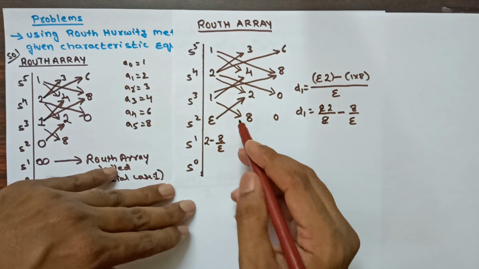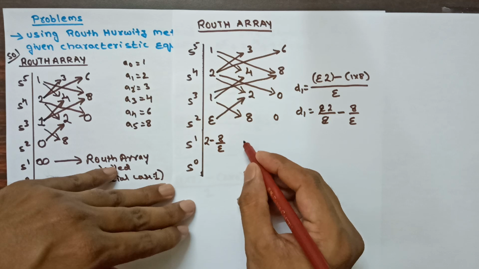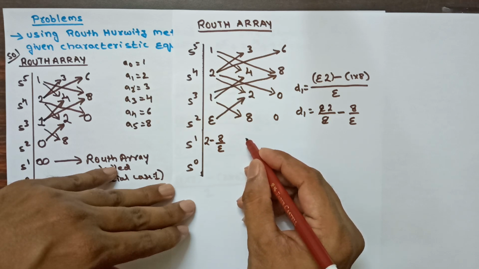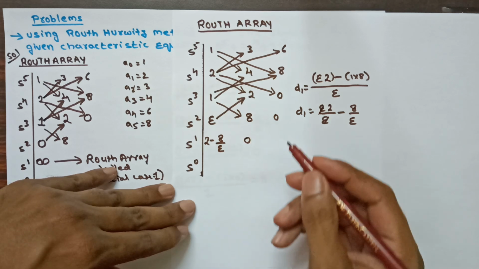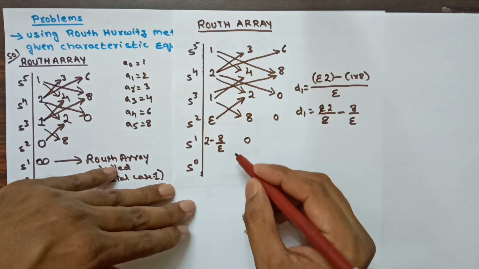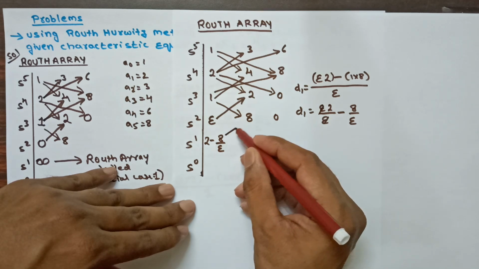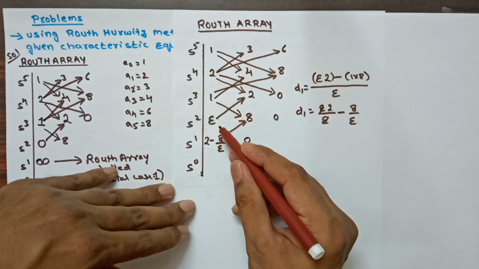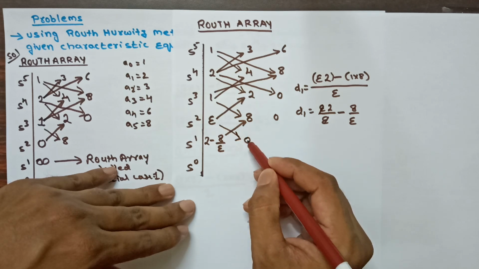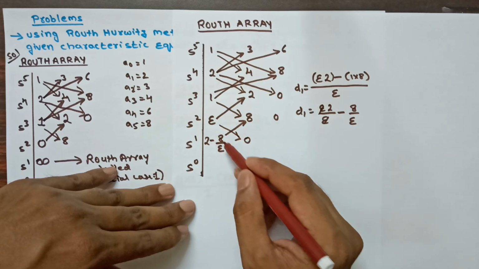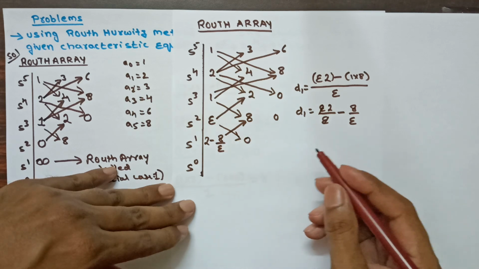Next, I'm not having any value, therefore the second value of the fifth row is 0. Next, by multiplying this value with minus epsilon with 0 and whole divided by this, I am going to get the resultant value.